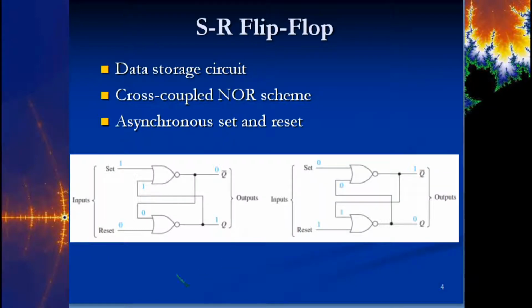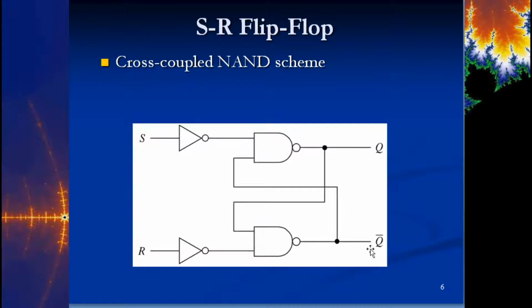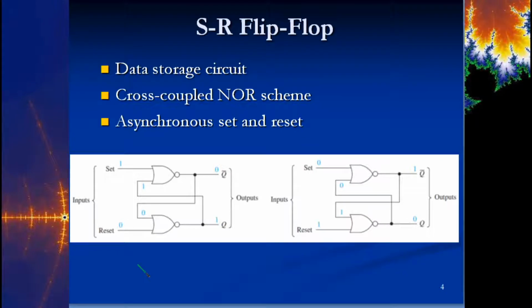Okay? If you have a cross-coupled NAND, all right, we have two NANDs, we still feed back, we have a cross-coupled scheme, but we have these inversions out in front. Okay? So notice for the cross-coupled NAND, a couple things are different, right? With the cross-coupled NOR, you don't have any extra gates. You just have the two NOR gates, but Q is on the bottom.